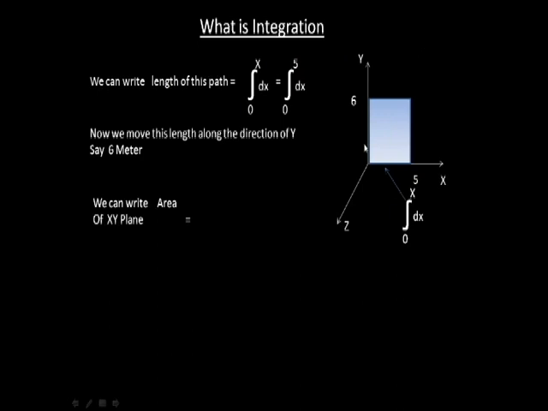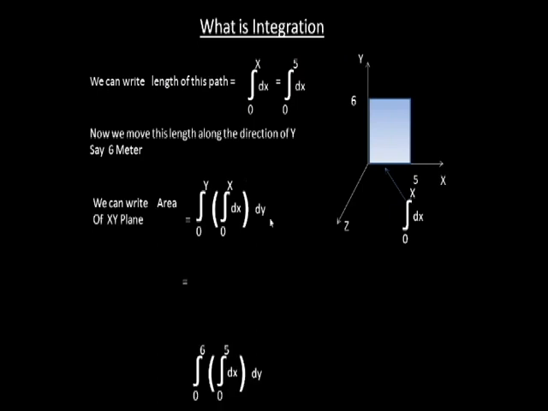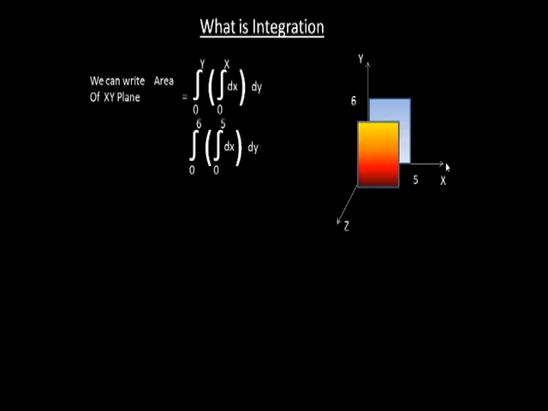Then we can write the area of the xy plane is equal to the integral from 0 to y of the integral from 0 to x of dx dy, that is 0 to 6 along the y-axis and 0 to 5 along the x-axis. Now we have already found the area of this plane: the integral from 0 to y, integral from 0 to x, dx dy.